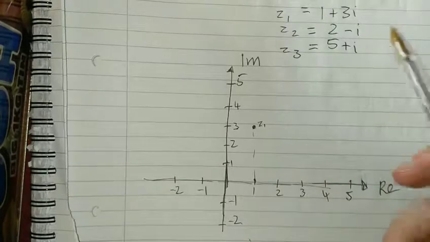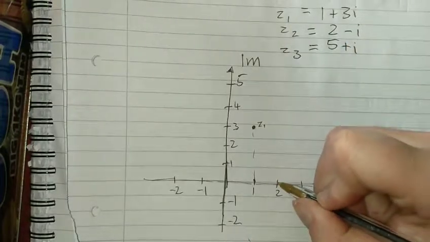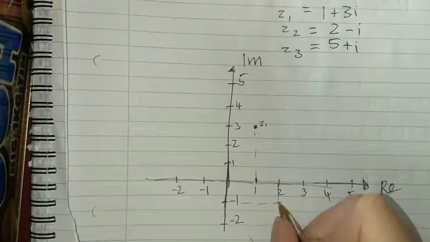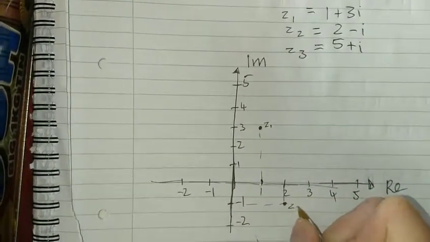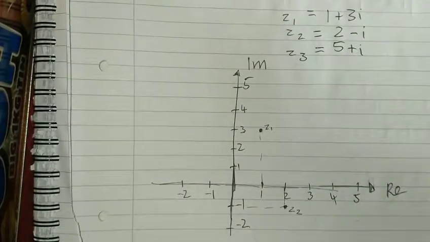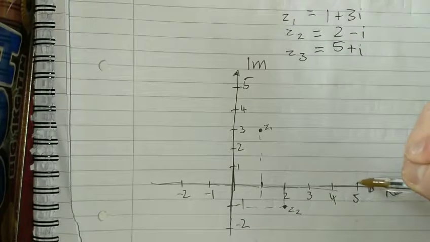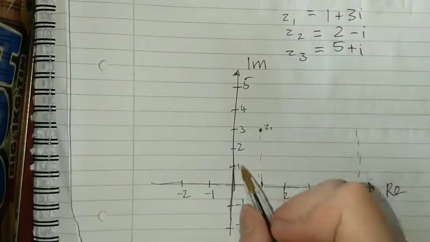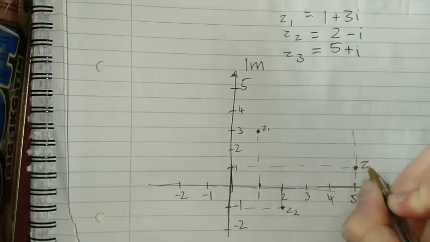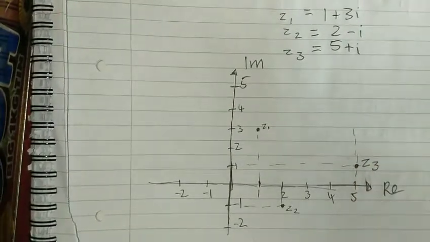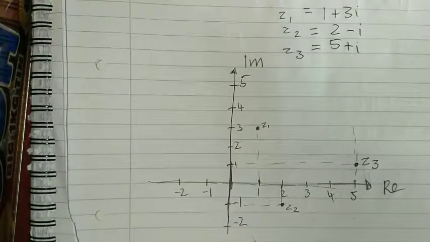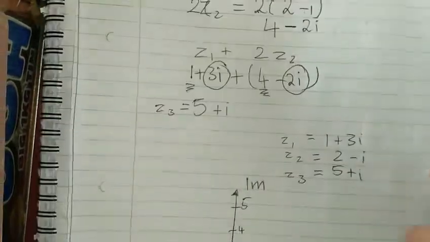So Z2 is 2 on our real axis, and then minus i, so minus 1 on our imaginary axis. So here we have Z2, and then Z3 is 5 plus i, so we go across 5 on our real axis, and then we go up 1 on our imaginary axis, and then here we get Z3. So the real axis is the horizontal axis, and the imaginary axis is the vertical axis.